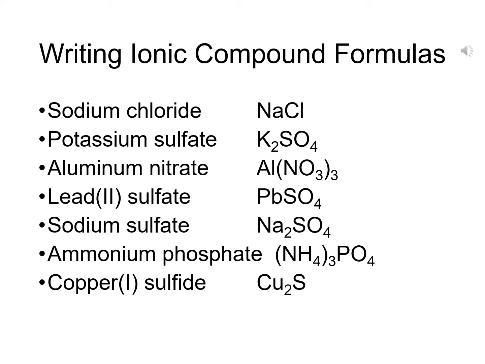Therefore, for this compound to be charge balanced with the potassium, which is from group 1, potassium, when it forms an ion, has a +1 charge. So to balance out the -2 of the sulfate, I needed 2 potassiums with a +1 charge. So I have +2 from the 2 potassiums and a -2 from the sulfate to give me a total 0 charge on this compound.